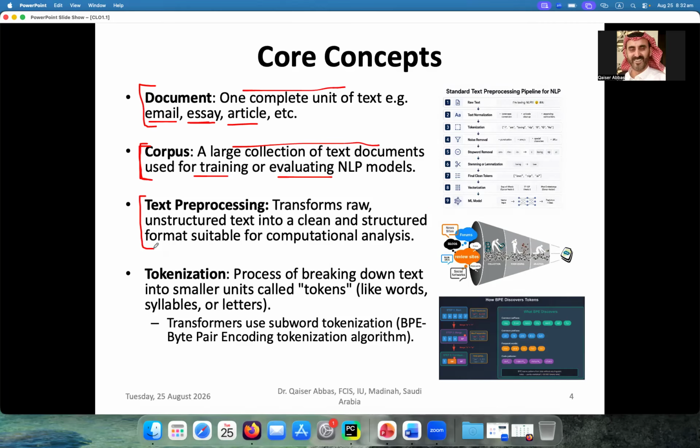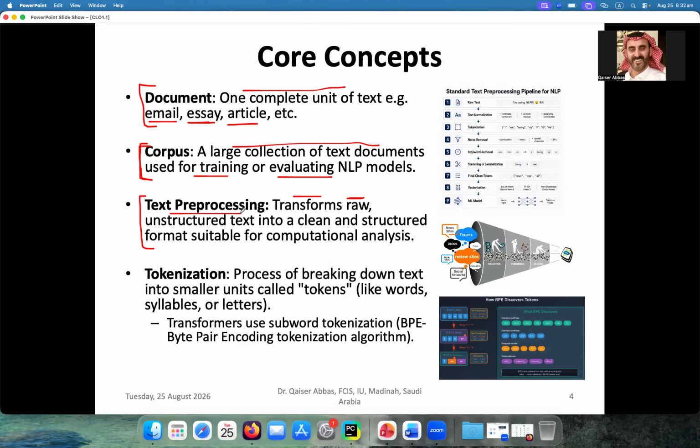It will transform the format or the shape of your data into your desired format and shape. So this text processing will transform raw or unstructured text. The data that you have collected from different sources is called raw data, but it is unstructured. It means that there are many issues in it.